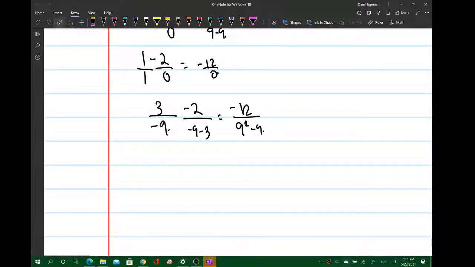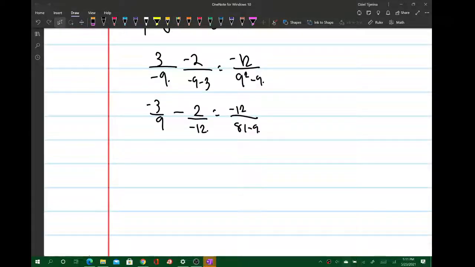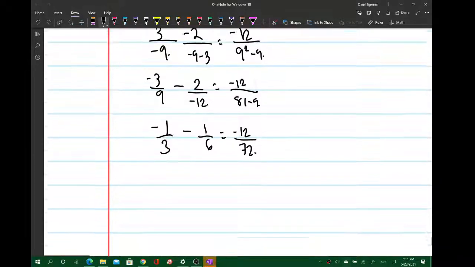This is equal to negative 3 over 9 minus 2 over negative 12 equals negative 12 over 81 minus 9, which is equal to negative 1/3 minus 1/6 equals negative 12 over, what is this, 72?